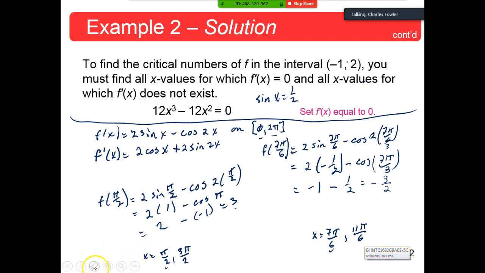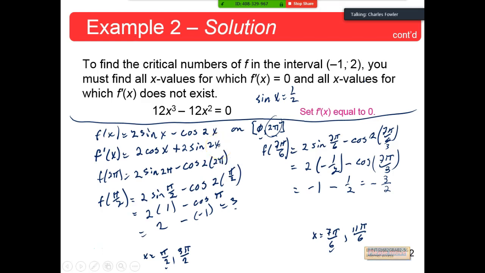So let's try that last value, 2 pi. This shouldn't be too bad. F of 2 pi is equal to 2 times the sine of 2 pi minus cosine of 2 times 2 pi.